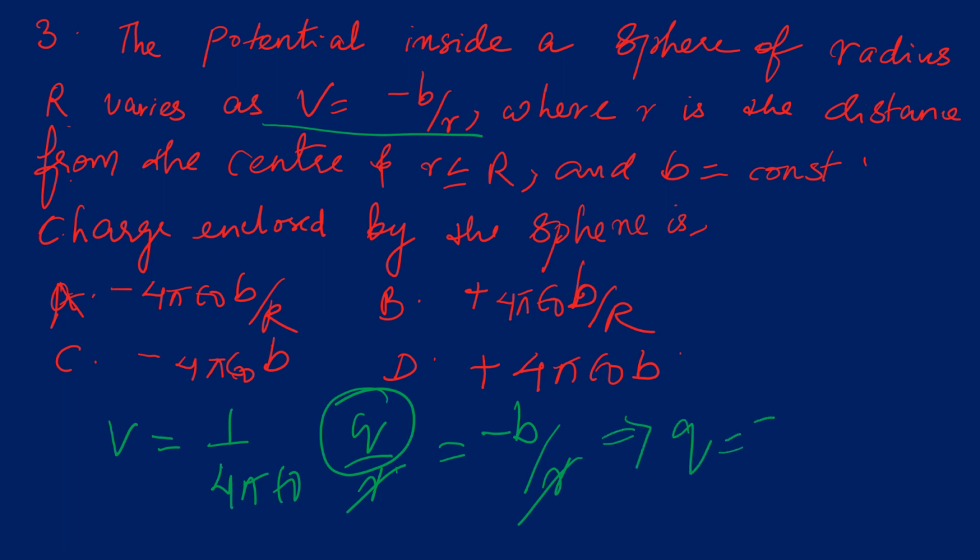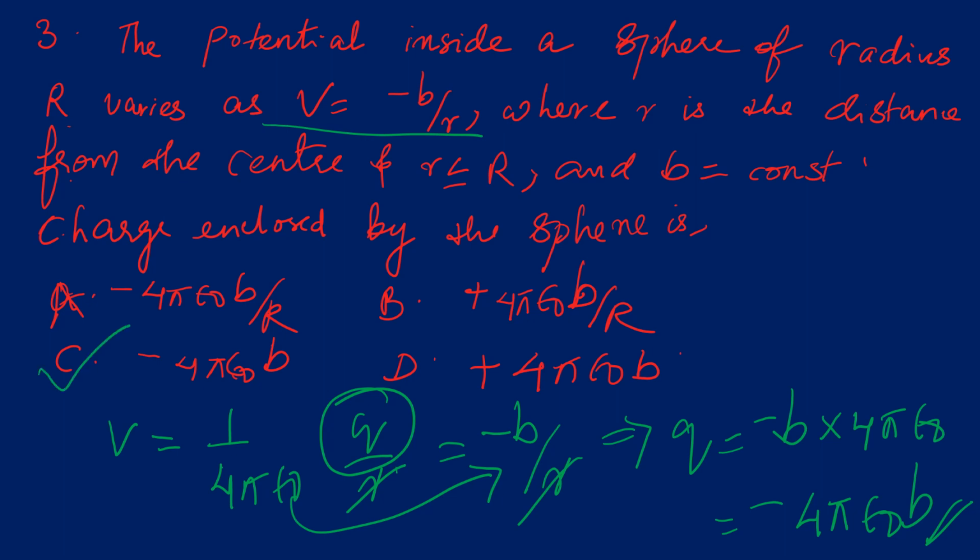Charge is minus B into 4 pi epsilon 0. So you will get minus 4 pi epsilon 0 B. That is option C is the correct one.